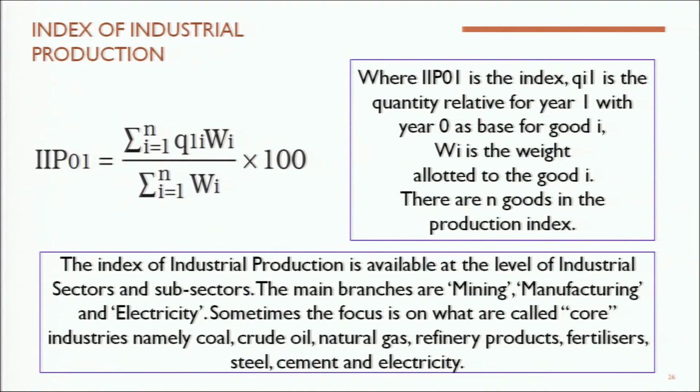Also, the index of industrial production is available at the level of industrial sectors and the subsectors. And one must remember that the main branches included in this index are mining, manufacturing and electricity. Sometimes the focus shifts to core areas or the core industries, including coal, crude oil, natural gas, refinery products, fertilizers, steel and cement also.